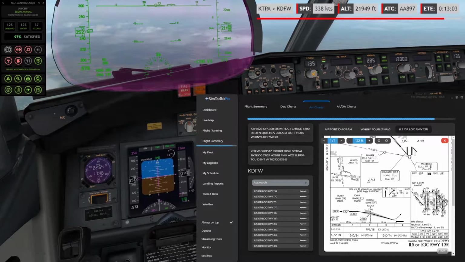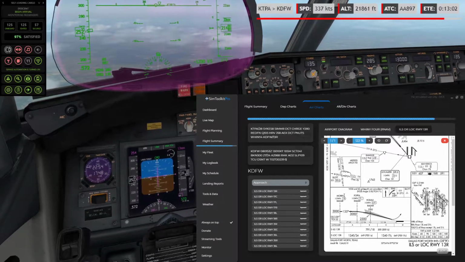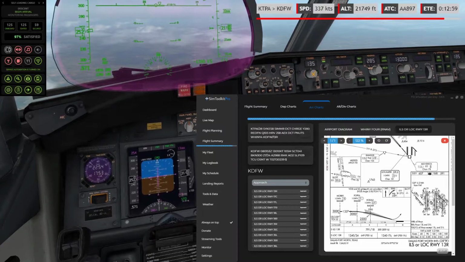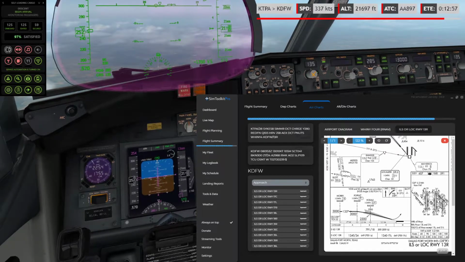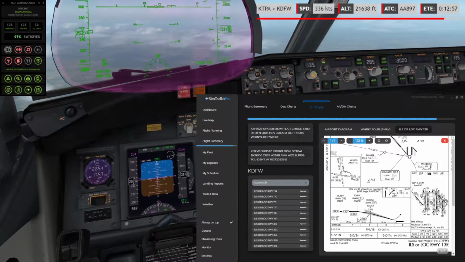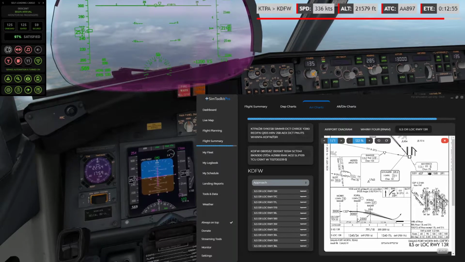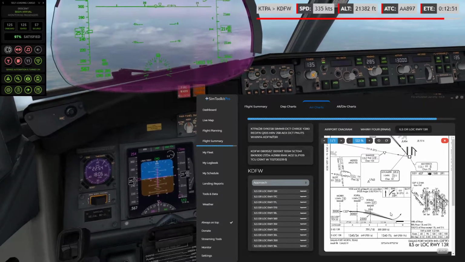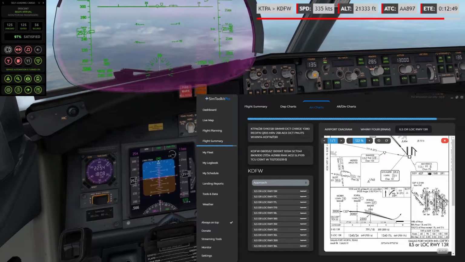So glide slope is 3 degrees, which is standard. At Mooring, we will expect 3,000 feet or above. Same at Papa, we will be expecting 3,000 feet or above. And then we are going to start the descent overhead Papa.